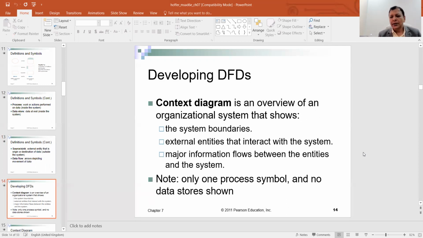The context diagram is the first diagram that is designed during requirement modeling, and it shows the boundaries of the system, external entities, not internal, and the major information flow between the entities and the system.